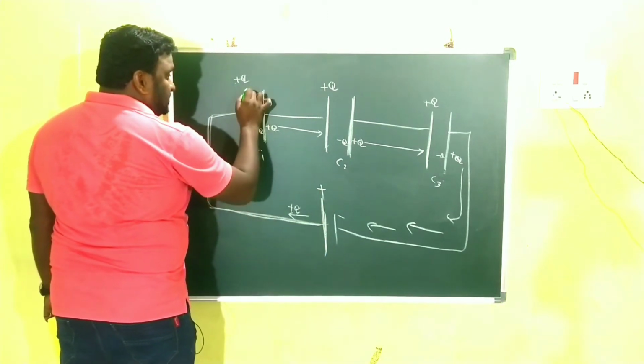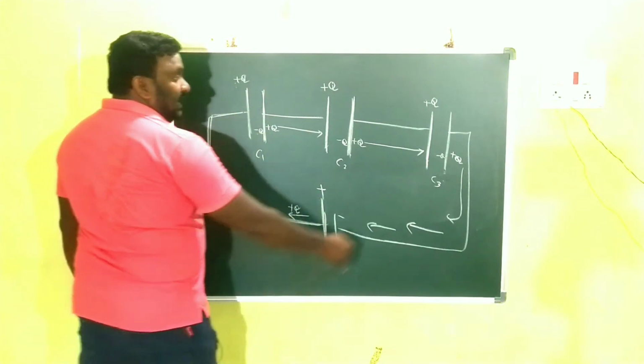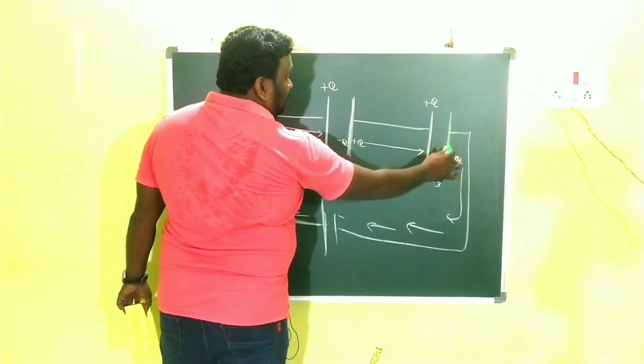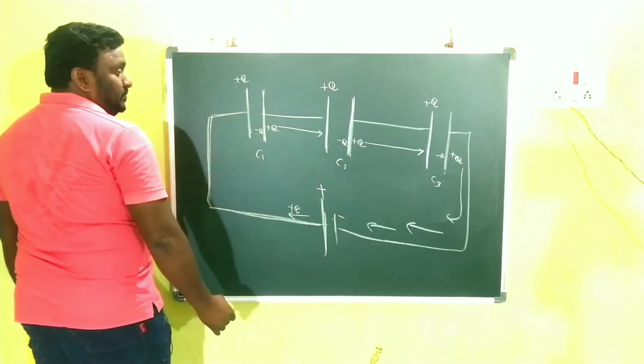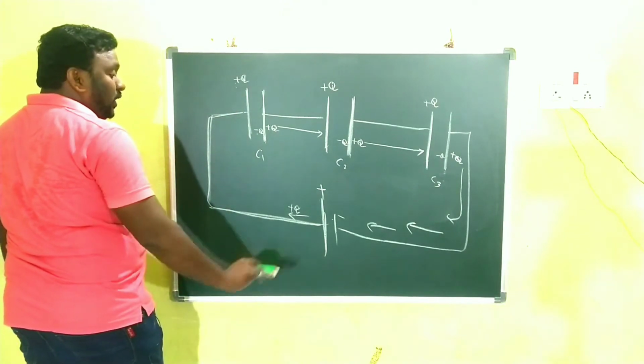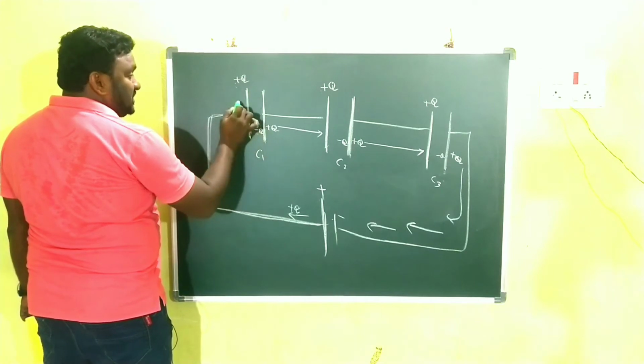Here the first plate of the first capacitor is joined to the positive terminal of the battery, and the second plate of the last capacitor is joined to the negative terminal of the battery. In this case, you have to observe that the positive charge is supplied to the first plate of the first capacitor.